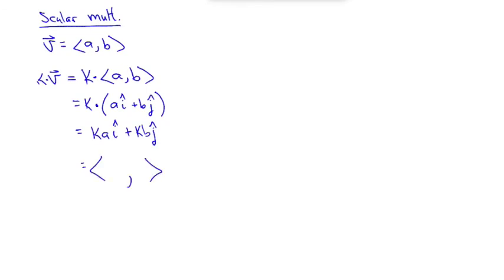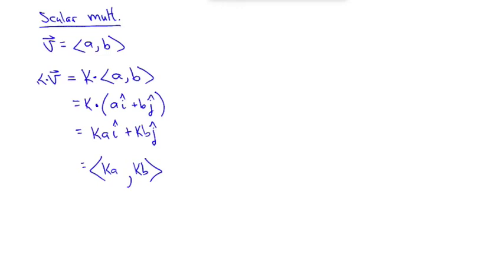Where a went to a i hat and b went to b j hat, what goes in the first position here? ka. And down here? kb. So what really happened was the shortcut was just to distribute.